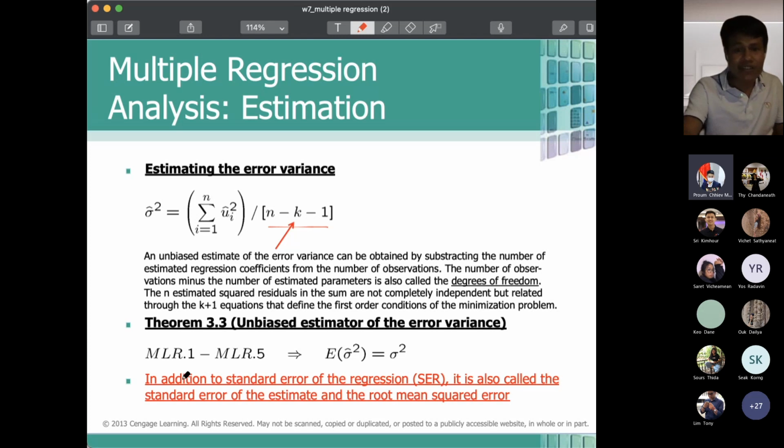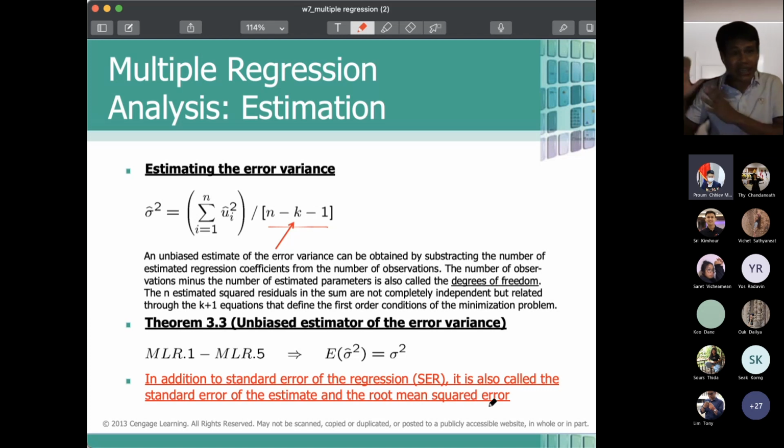And again, if assumptions 1 to 5 are met, we obtain constant variance. The variance is not conditional on any independent variable. And this variance, what we call the unbiased estimator of the error variance, is also called the standard error of the regression, also called the standard error of the estimate, and the root mean square error.